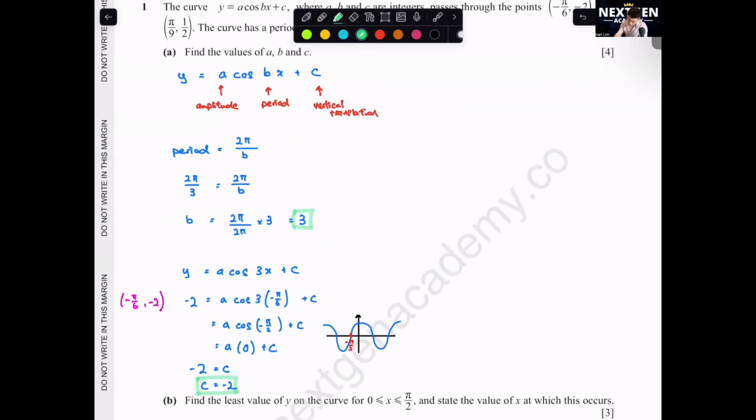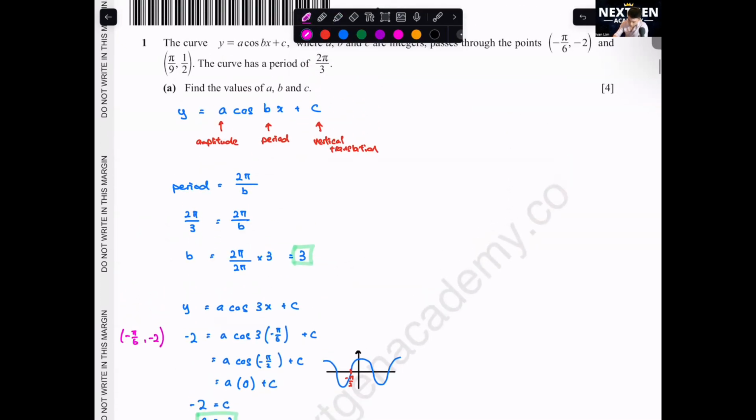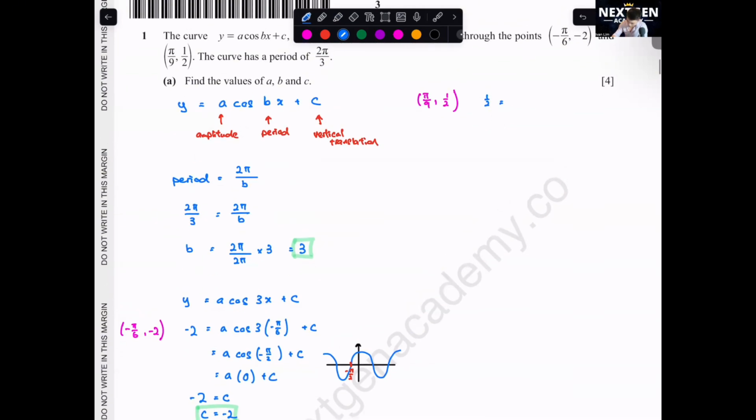Let's look at the second point, pi over 9 and 1 over 2. We substitute, and we get 1 over 2 equals a cos of 3 pi over 9, plus c.